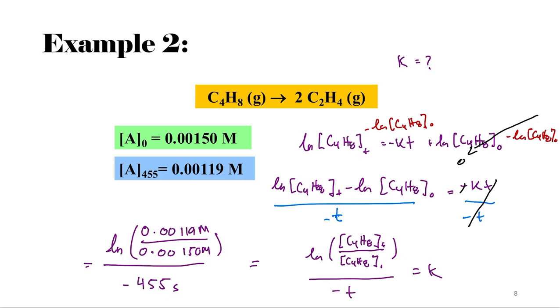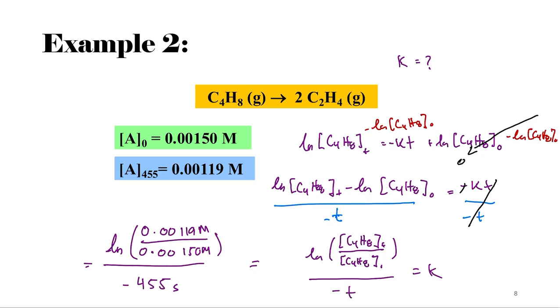And so we can plug all that in. It looks like a small number divided by a larger number in the numerator, so that's going to be less than 1. So that should give us a negative answer. And so the negative signs will cancel out, right? Our rate constant has to be a positive quantity, but the negative signs will cancel out because of what's in the logarithm.